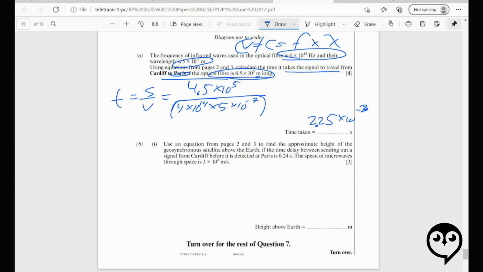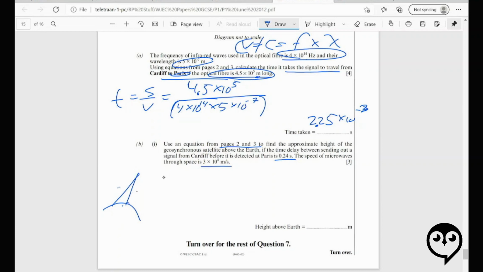Okay, moving on. I don't have these equation sheets in front of me, but I'm sure we can figure it out. Find the approximate height of the geosynchronous satellite if the time delay is this and the speed is this. So we want the height. Let's just look at what's going on. We're going to send a signal up, and it's going to come back down. We're not worried about the angles too much. We're going to have double this distance, aren't we?